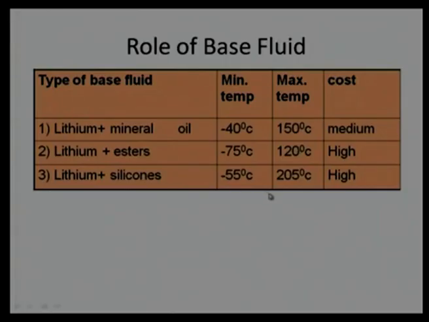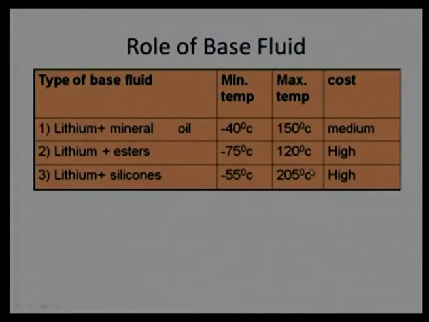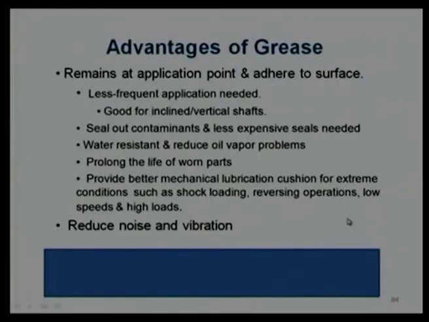While we want overall very good performance, good low temperature performance, or good high temperature performance, then we should choose lithium based grease with a silicone oil, which is also a popular grease, but a high cost grease.